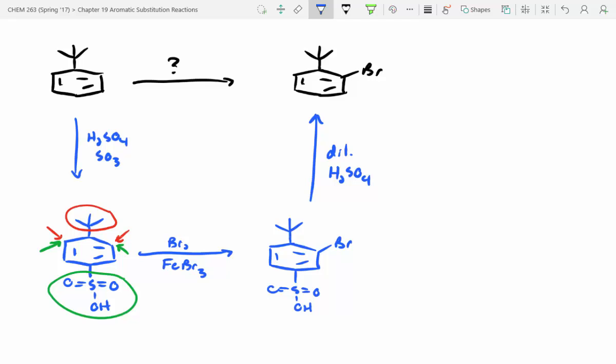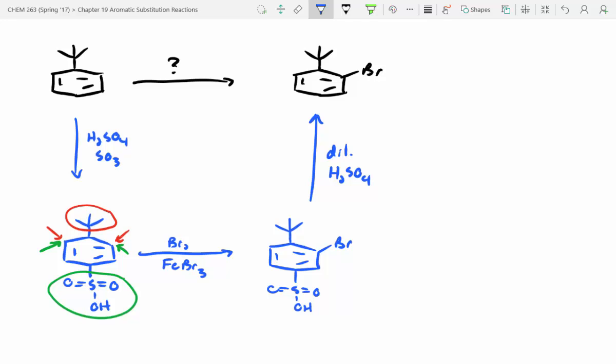Typically, you only run into a problem of over-substituting something if you're adding on an electron donating group, which makes your new product even more nucleophilic. In this case, we're adding a bromine, which is an electron withdrawing group, and so it actually slows down the reaction and prevents overbromination. It's a lot easier to control, but great question.